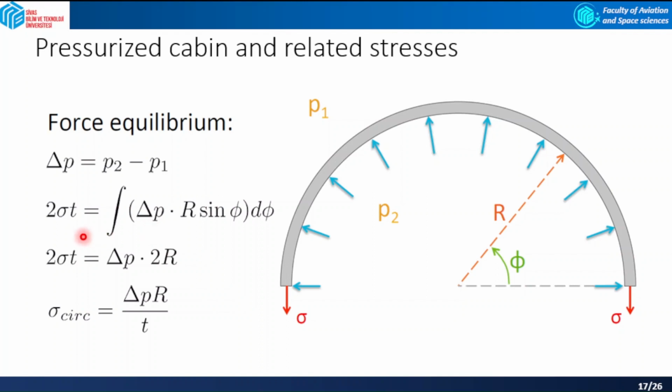So through some manipulation, you can derive a simple formula which says that the hoop or circumferential stress, sigma circumferential, equals the pressure difference multiplied by the radius of the cylinder and divided by the thickness of the skin.